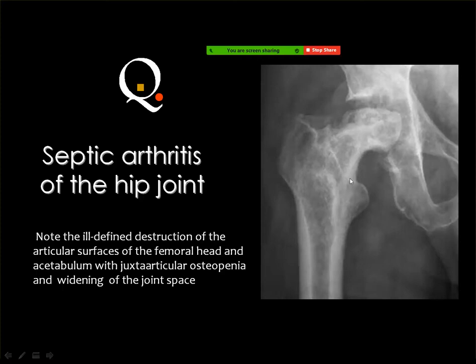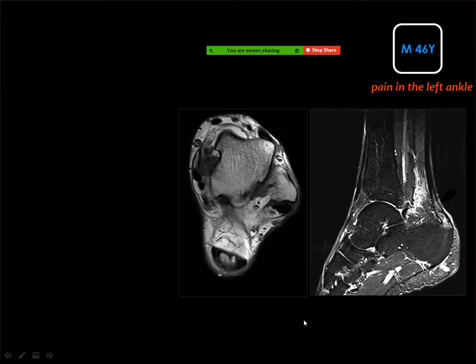For hip arthropathy, this is a disease which can be diagnosed when we have two follow-up studies, and we can see the extensive destructive changes in the femoral head in the follow-up study.